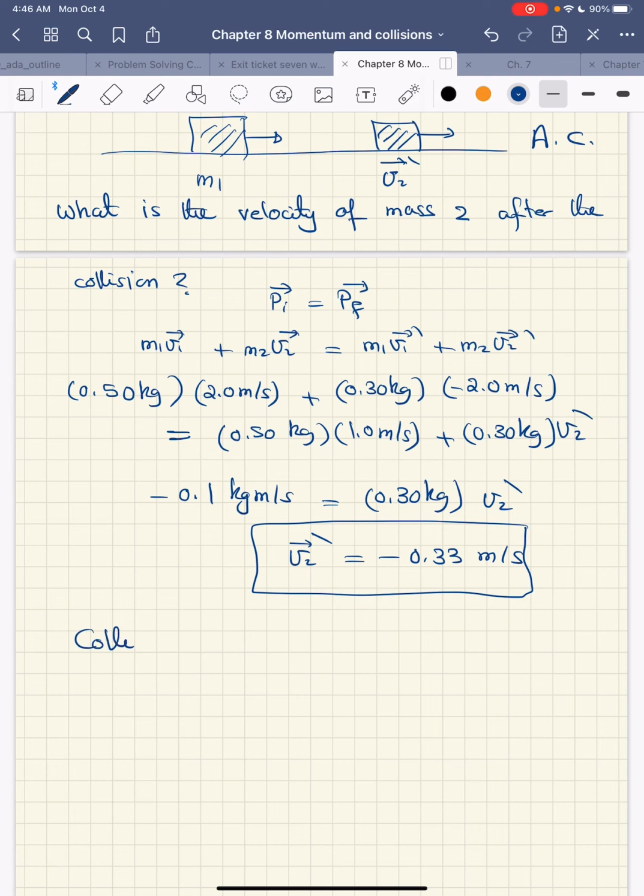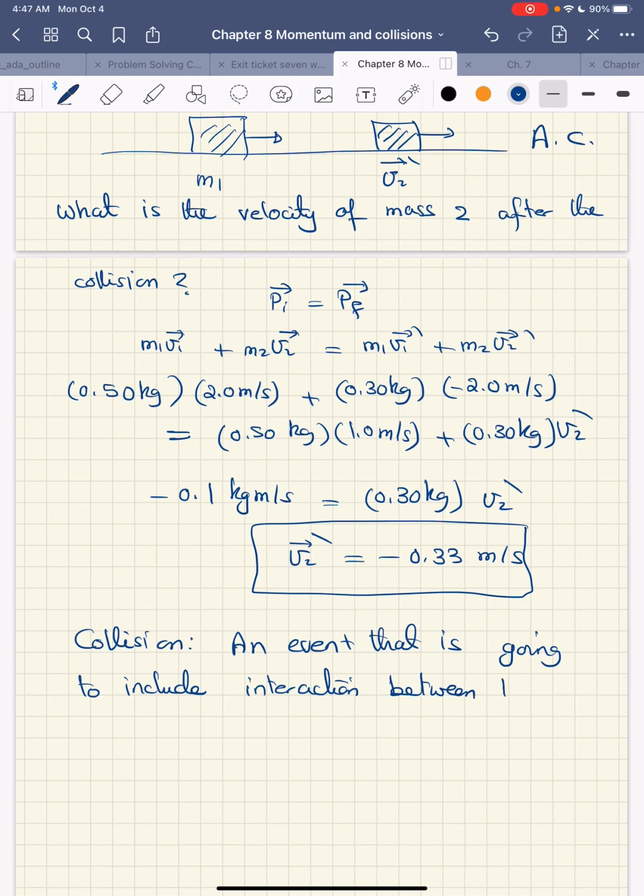Now, we define collision as an event that is going to include interaction between two objects for a very short time.